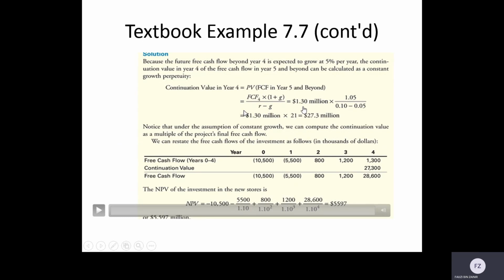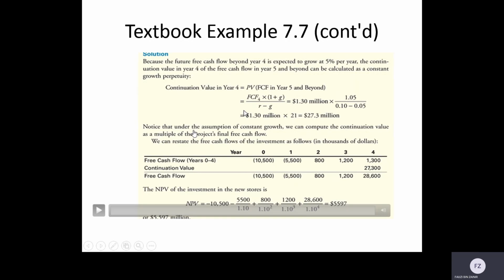So we get 1.3 million times 1.05, where G is 0.05, divided by 10% minus the growth rate of 5%. So we get the continuation value in year 4 of $27.3 million.